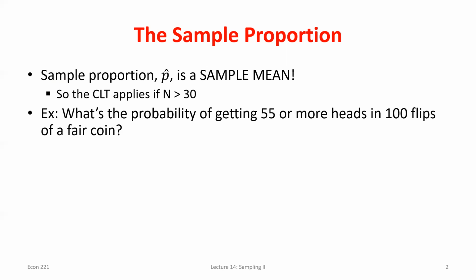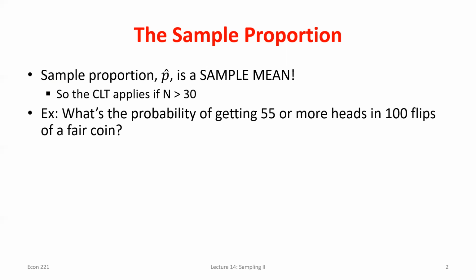So from here, we've got a normal distribution. It's just a matter of turning that value we're interested in, 0.55, into a z-score. We said our z-score for any statistic will just be the value we're interested in for that statistic, subtract the mean of that statistic, and divide by the standard deviation of that statistic. Here, we know the mean of our sample proportions should just be the original population proportion.